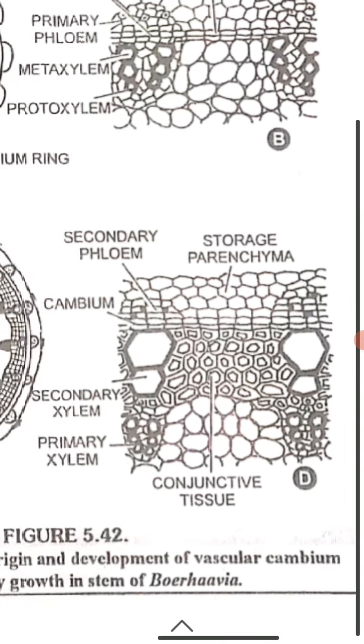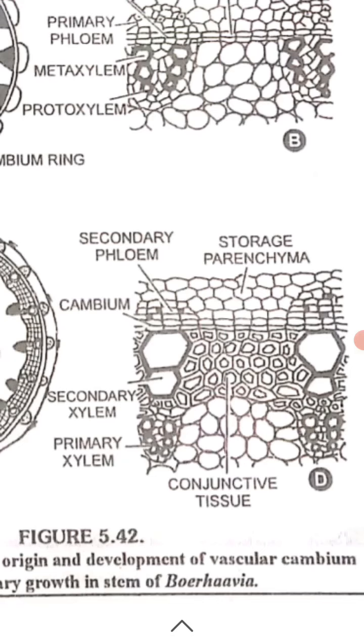And parenchymatous cells in the intervascular region become lignified and form sclerenchymatous conjunctive tissue. Towards the outer side, the cambium produces storage parenchyma and secondary phloem. The secondary phloem is formed towards the outer side at places opposite to the secondary xylem.